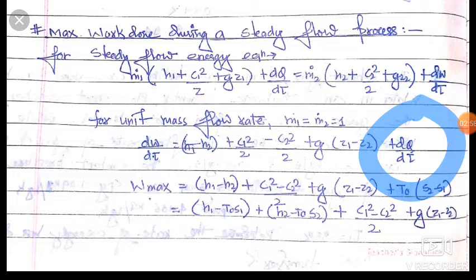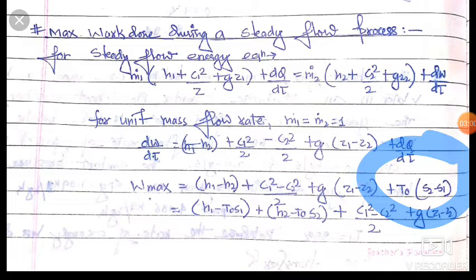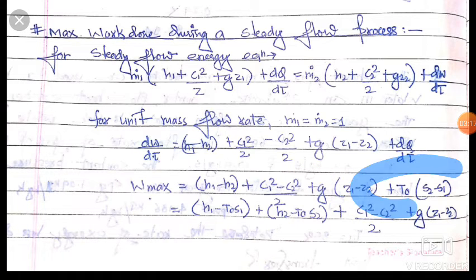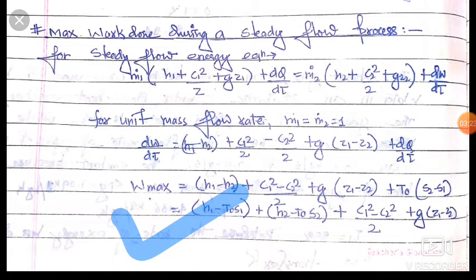Here dq is equal to T naught (s2 minus s1). So we will also get h1 minus T naught s1 plus h2 minus T naught s2, plus c1 square minus c2 square upon 2 plus g(z1 minus z2).